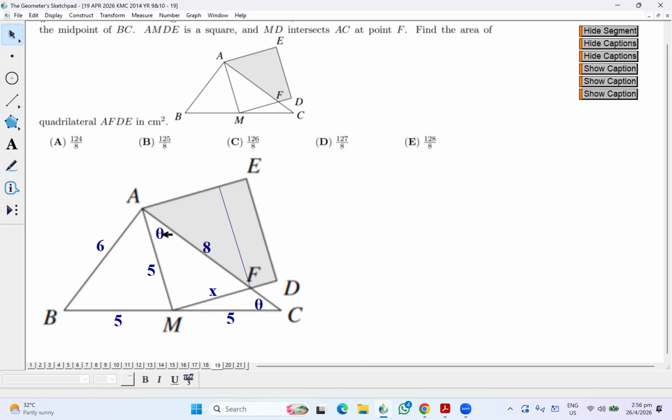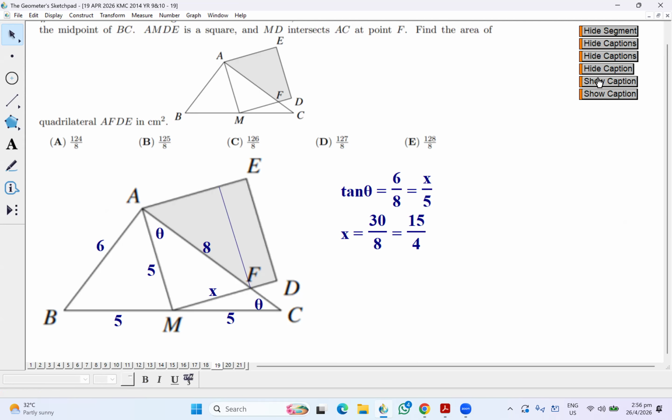But for this angle, x/5. So we form the equation tangent theta, 6/8, equals x/5. So we can calculate x, which is 15/4.